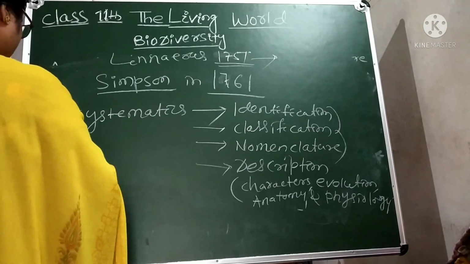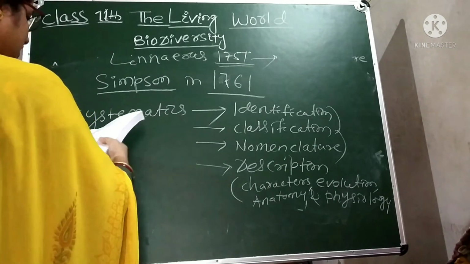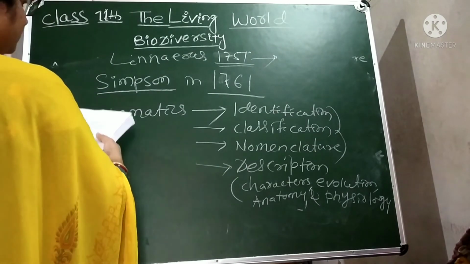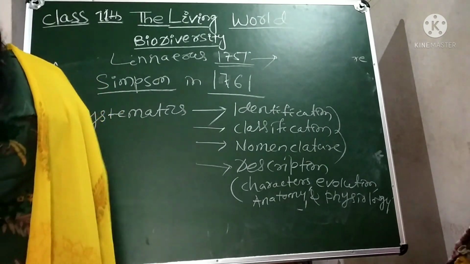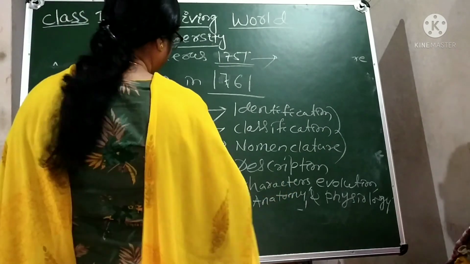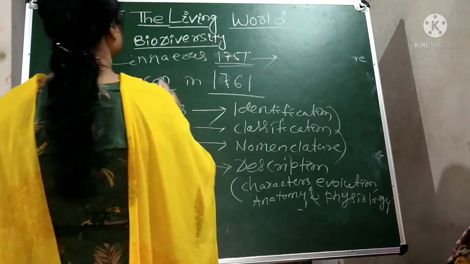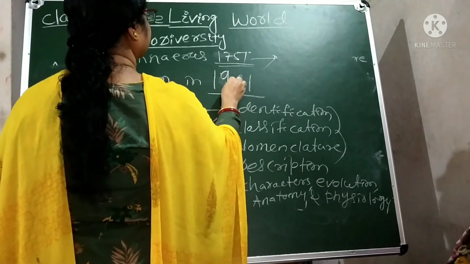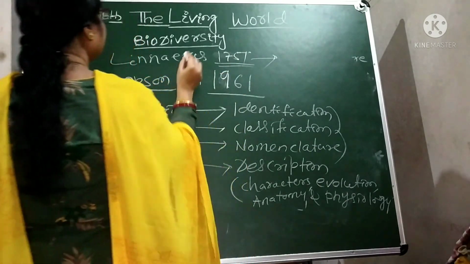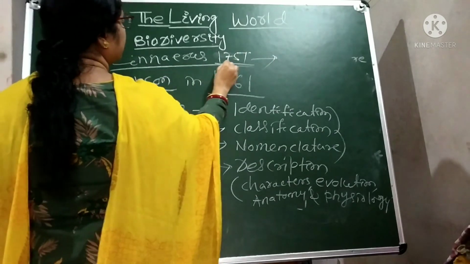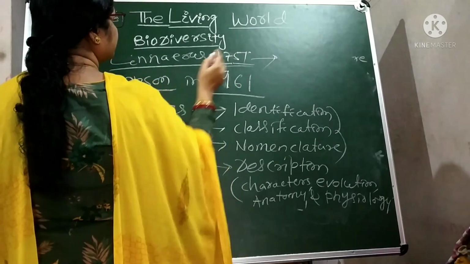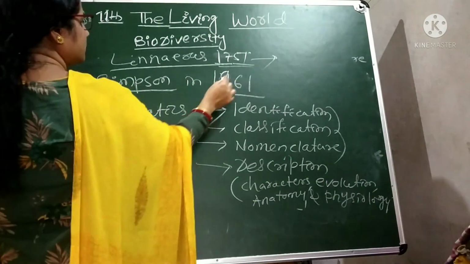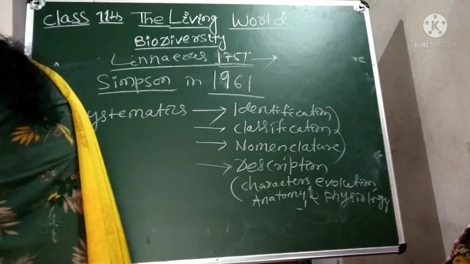Descriptions include the characteristics, evolution, and anatomy of the organism. Okay. Linnaeus stated this in 1751 and Simpson in 1961.